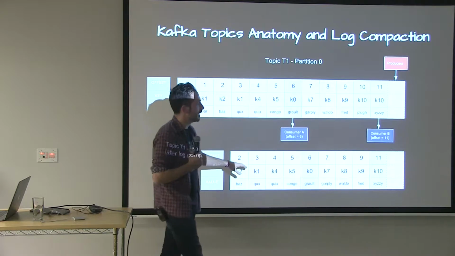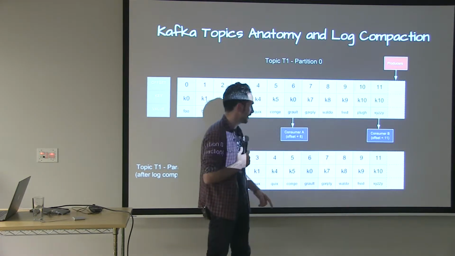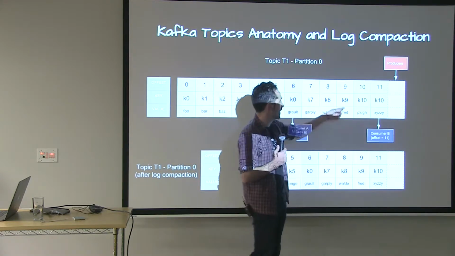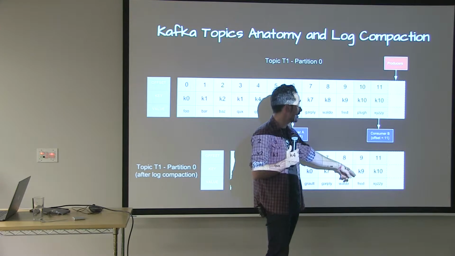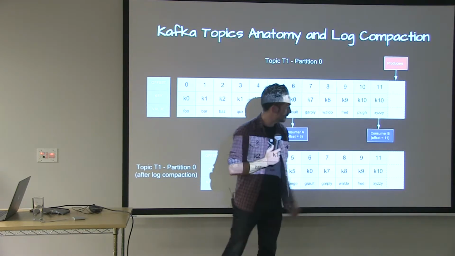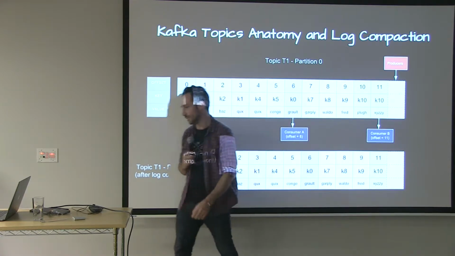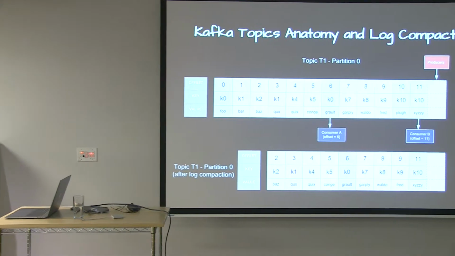So for example, you will always have the latest version of a given key. In the case of K10, we will see that after the log compactor runs, we only have the record with offset 11, while the previous one was removed.